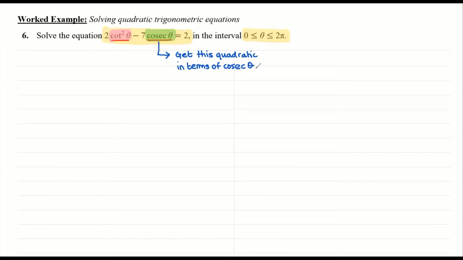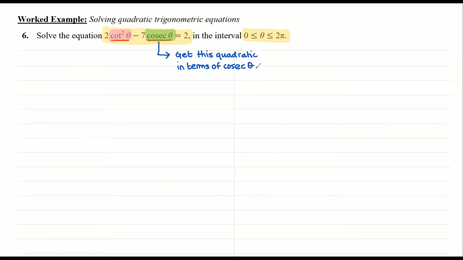It's the non-squared term that you have to use. So if it was the other way around, if it was 2 cosec squared theta subtract 7 cot theta equals 2, you would want to get everything in terms of cot theta, because that would be the non-squared term. Whatever the non-squared term is, that's the trig ratio you're going to be using. It could be sec, cosec, cot, sine, cos, or tan.